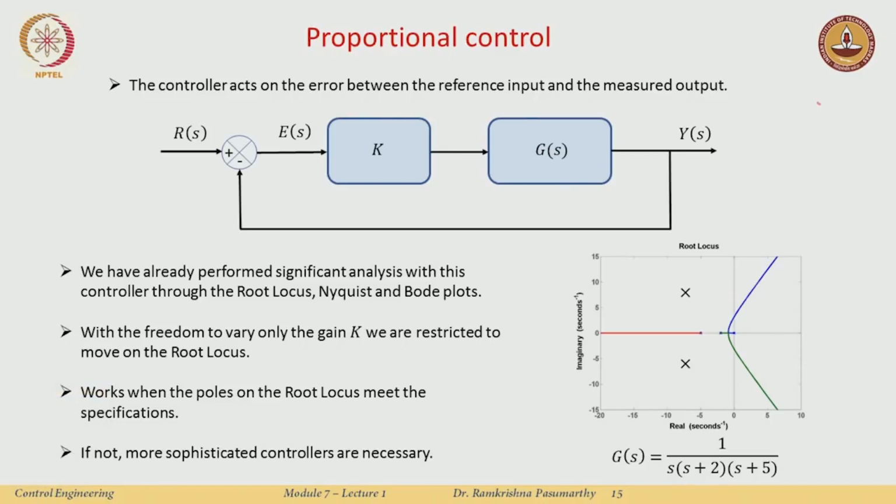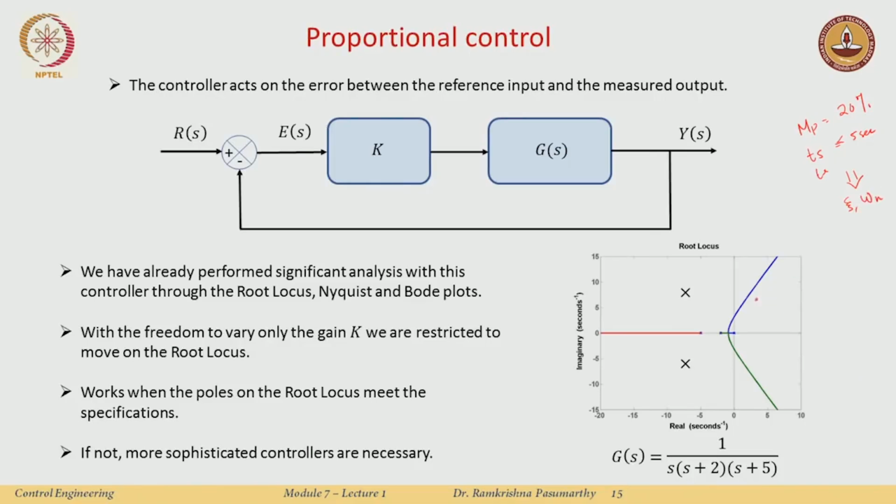Let us say I am given that my peak overshoot should not be more than 20%. I am also given a specification that the settling time should be say 5 seconds or less, and maybe some other things on the rise time and so on. What this will translate to is some zeta and some omega n.